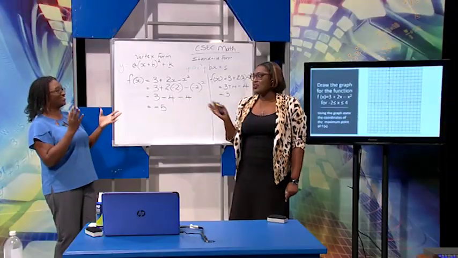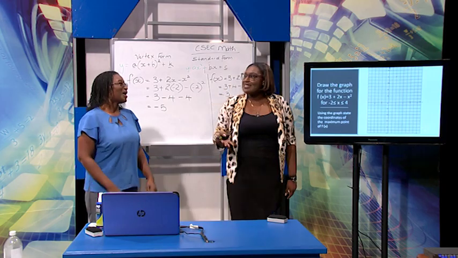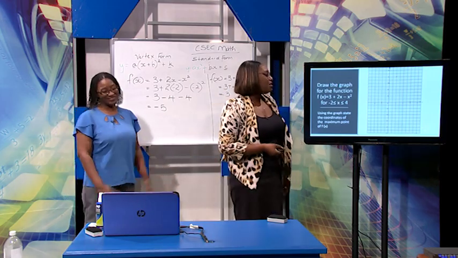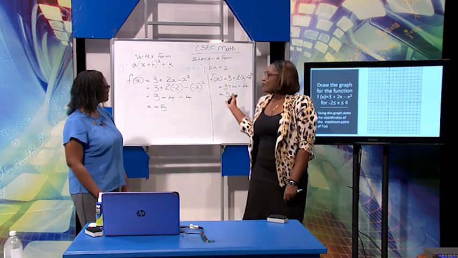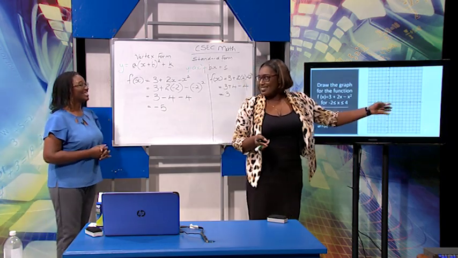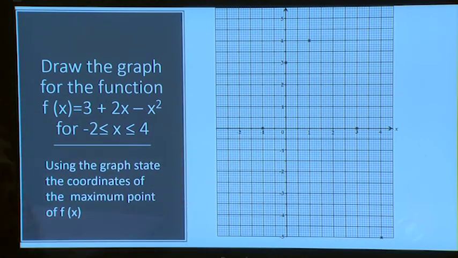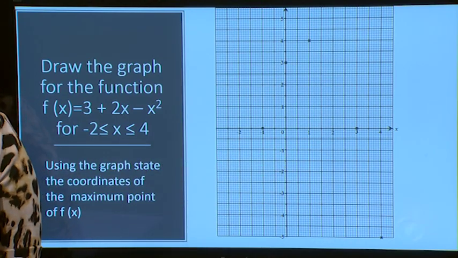I think you've seen this question before. You realize that we have to draw our graph. So, given the coordinates that we just found a while ago, CSEC was so nice. They pre-filled the graph. So all we have to do is put in the 2 points that we just found. All right.